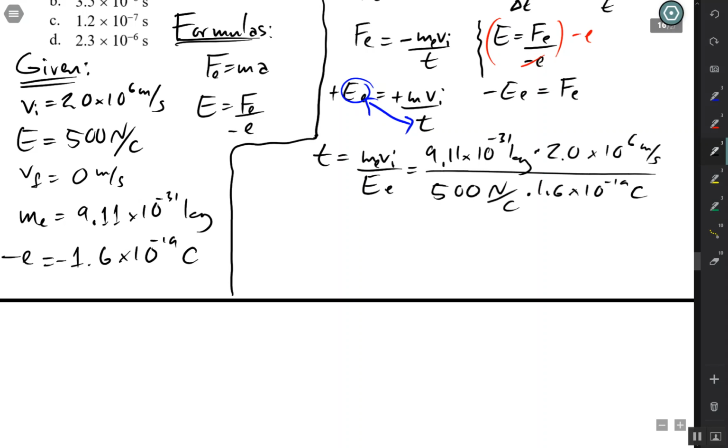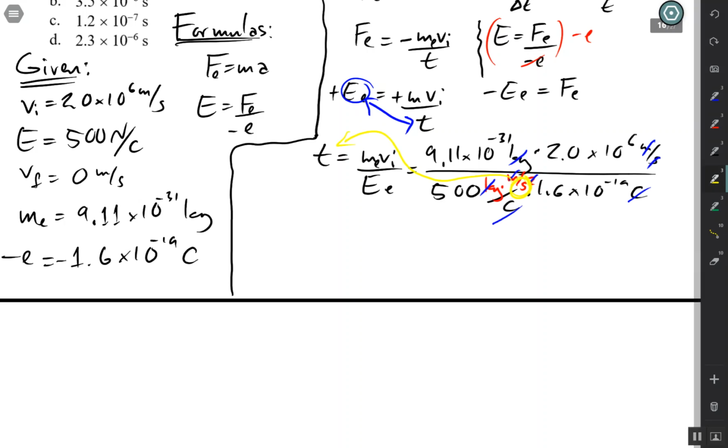But wait, Newton, what is Newton equivalent to? It is actually equal to kilograms meters per second squared. So a lot of stuff can cancel out. The coulomb goes out, kilogram goes, meters and meters go, and one of the seconds goes away. Wow, that's fast. So the only unit left behind is second, which is exactly what we want.